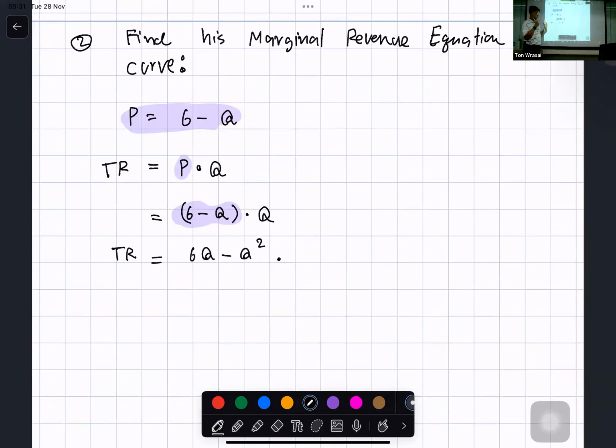Yeah, you can try it: if we sell one piece, Q equal to 1, TR equal to 5 baht, in line with the table that we have.